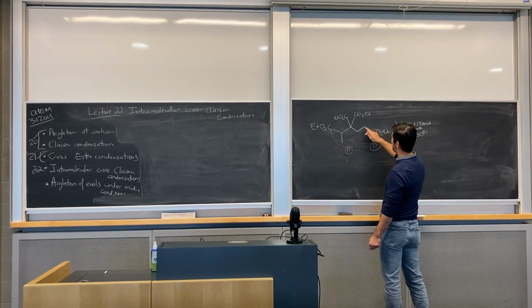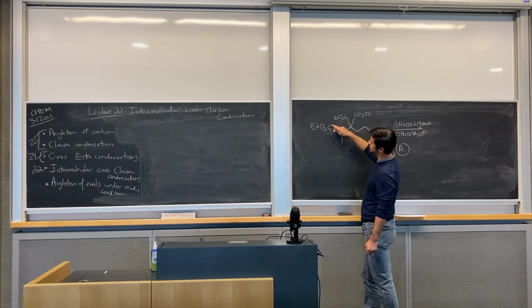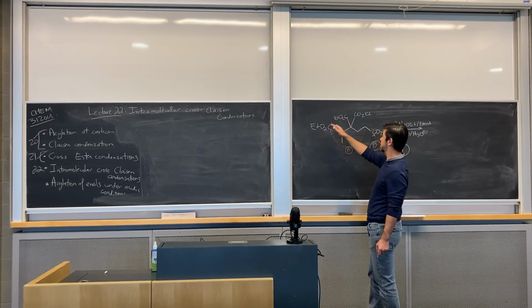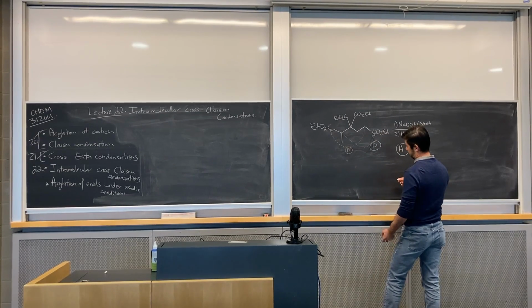So if we get A to react, we're going to get this reaction here. I'm not going to go through the mechanism, but you could go through it yourself. Electrons go up, come back down, kick off the OEt group. So you're going to end up with some type of carbonyl derivative.